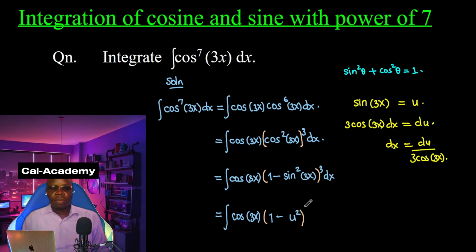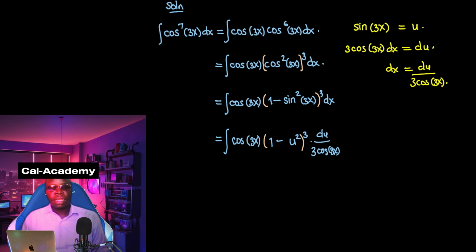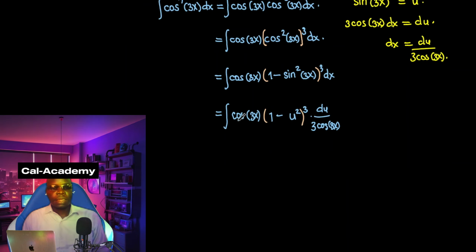But remember, we have our cube, so the term is dx, and our dx is du over 3 cosine of 3x as the angle. Now from here, we can see that the denominator here is the same as what we are multiplying here, so we can cancel it out, the whole of this with that.